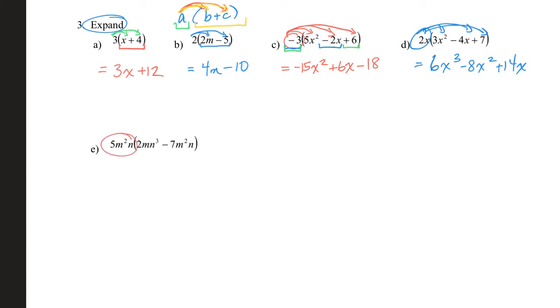So for us to go ahead and multiply that in, we should now be able to deal with our 10m cubed n to the 4th minus 35m to the 4th n squared. So I would argue to you guys that E is probably as ugly as it gets for us dealing with all of our integers. Okay, let's take a peek at the next section.